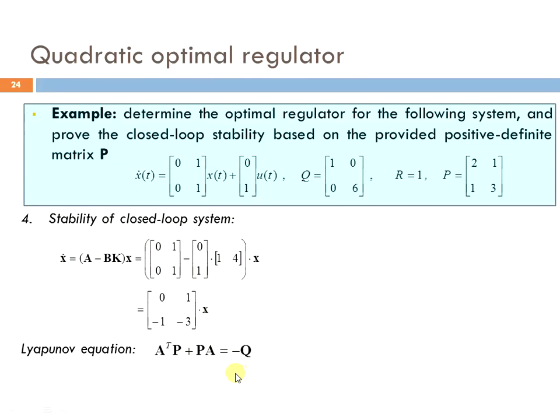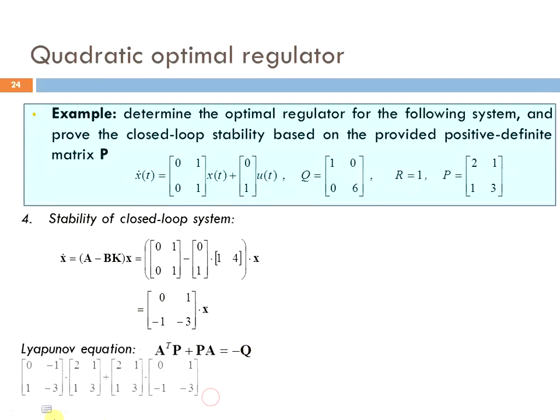If it is positive definite and symmetrical, then we conclude that the system is asymptotically stable. If the matrix Q is not positive definite, then it simply means that the closed loop system is not stable. Okay.